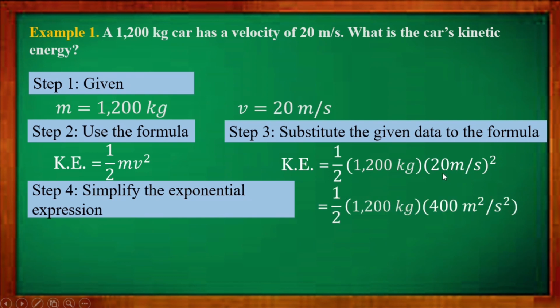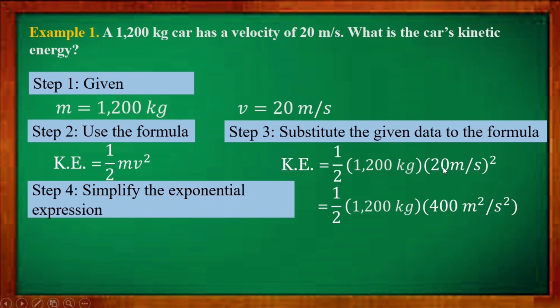That is why we will have 1 half times 1,200 kilograms, and 20 squared is just 400, then m squared over s squared. So, bakit tayo nakarating dito sa 400 m squared over s squared? Saan nanggaling si 400? So, ipakita natin.